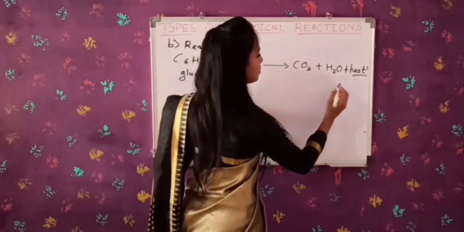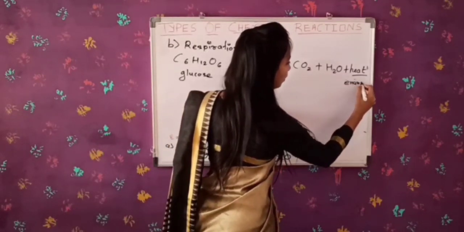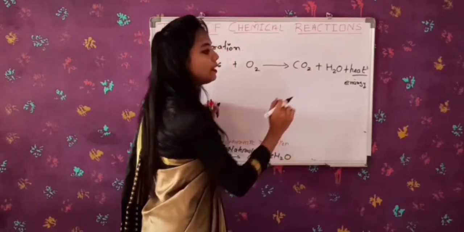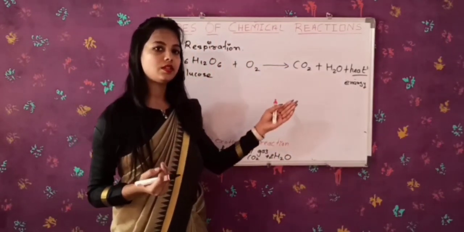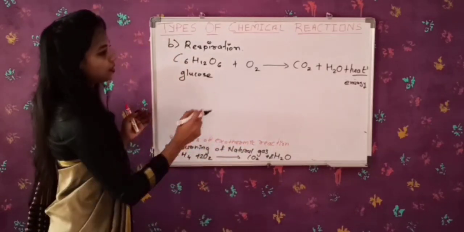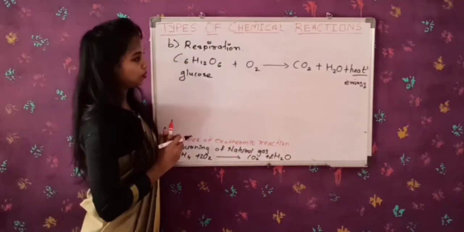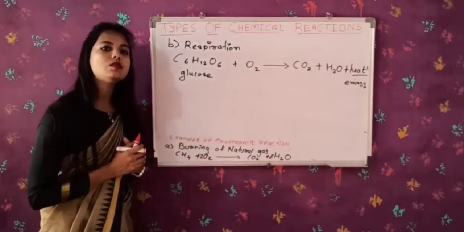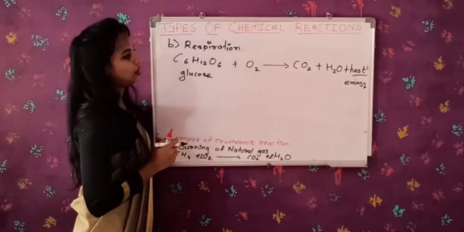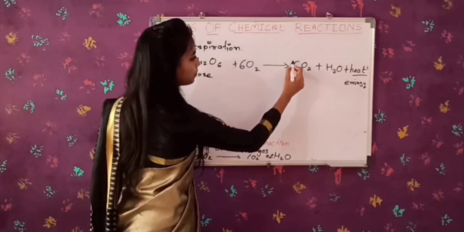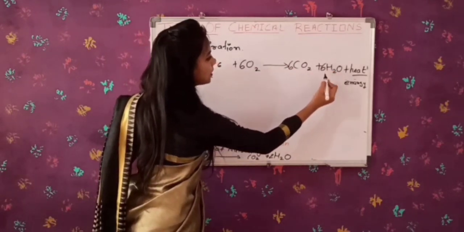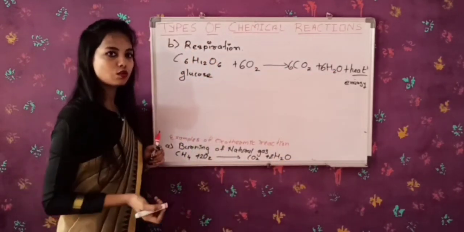Here heat is in the form of energy. Heat energy is obtained. So we obtain energy by this reaction in our body. So thus this reaction is known as exothermic reaction. Now if you want to balance the reaction, write here 6O2, 6CO2 and 6H2O. So the reaction is also balanced.